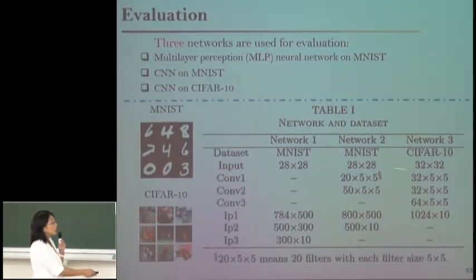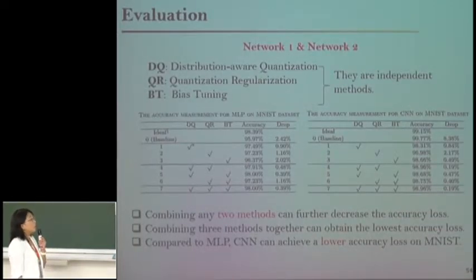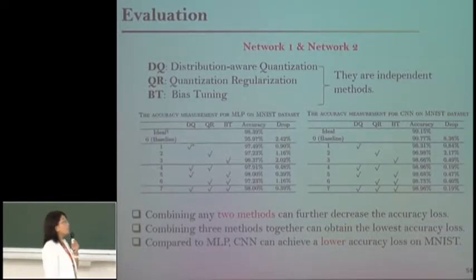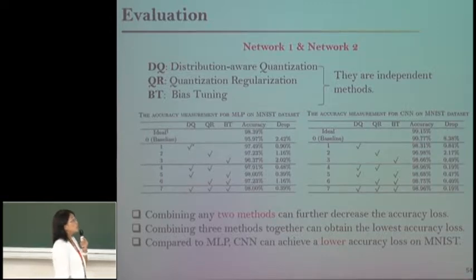Well, here are the network configurations, for each layer the configurations over here. For each evaluation, we try a combination of different technologies. EQ represents distribution-aware quantization, QR represents quantization regularization, and BT represents bias tuning.